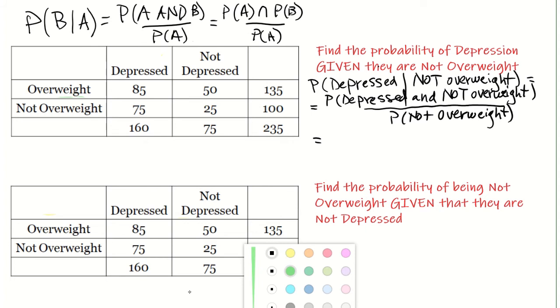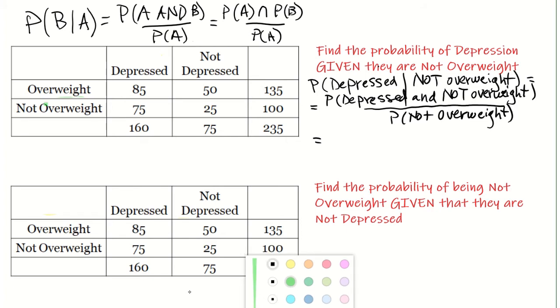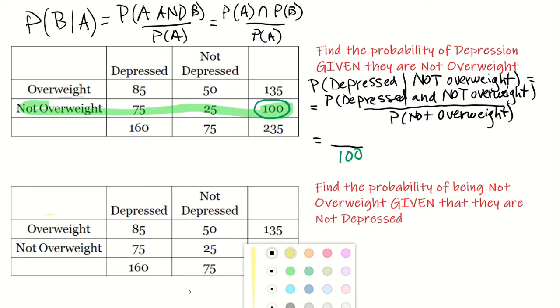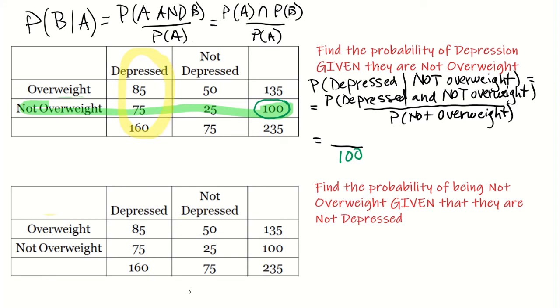So first I am going to look for the probability of not overweight. So that is this right here. And this is our denominator, so we want the total number of participants who are not overweight. And that's going to be 100. And then for our numerator, we want the intersection between depressed and not overweight.